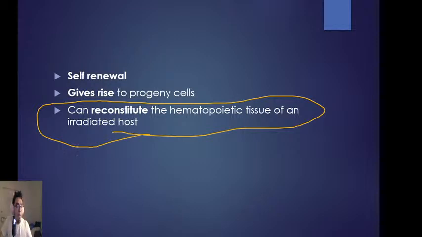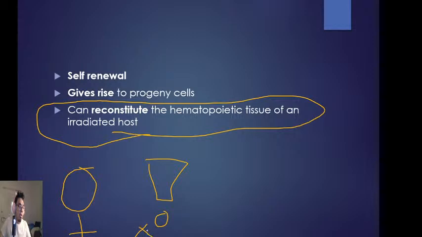What usually happens is that when a host needs a specific transplant, he needs to undergo radiation therapy first, specifically for stem cells. Why? We need to destroy these stem cells.